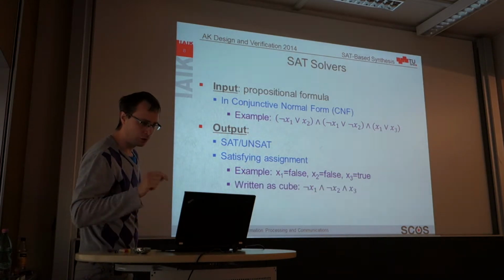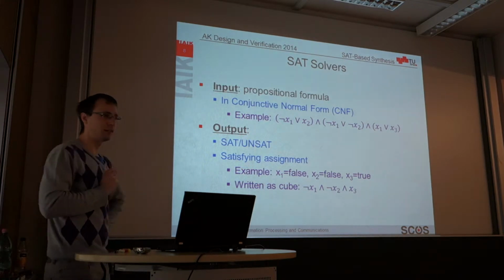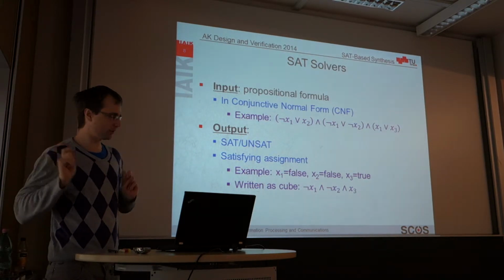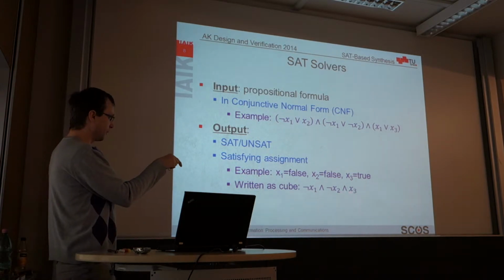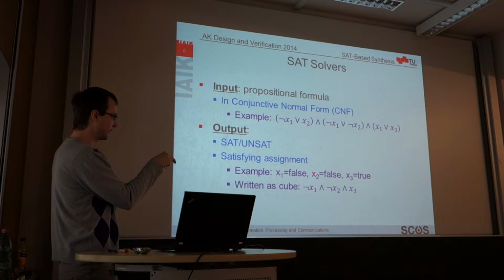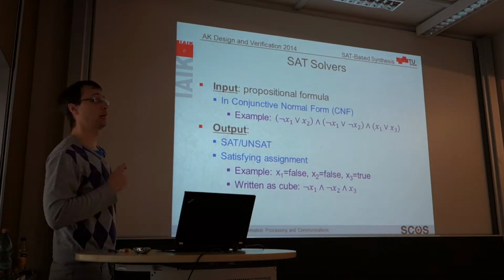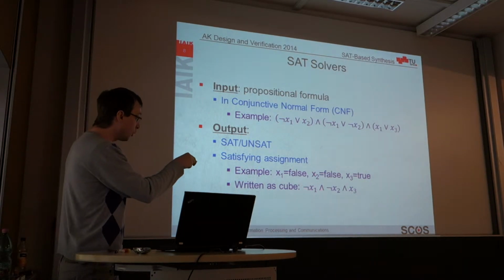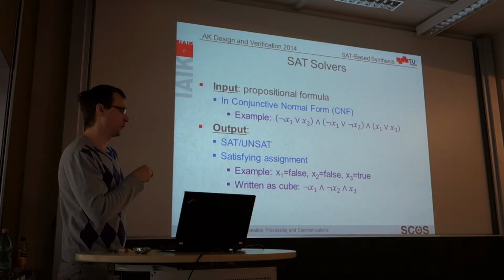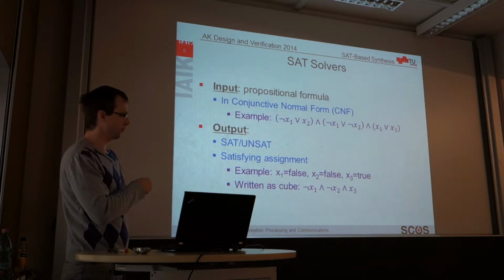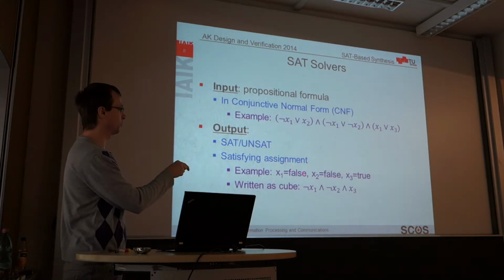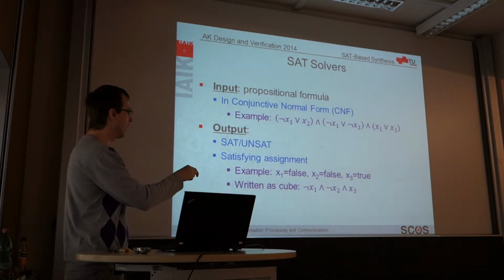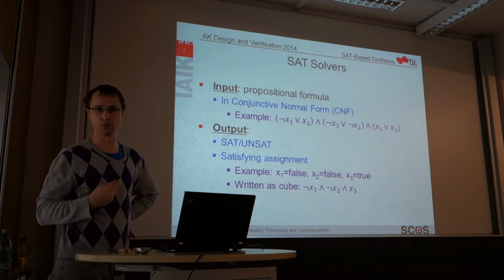In this lecture we will usually write satisfying assignments as cubes, so as conjunctions of literals. For instance, this cube here represents exactly this satisfying assignment by saying not x1 must be true, or in other words, x1 must be false, and not x2 must be true, or in other words, x2 must be false, and x3 must be true.